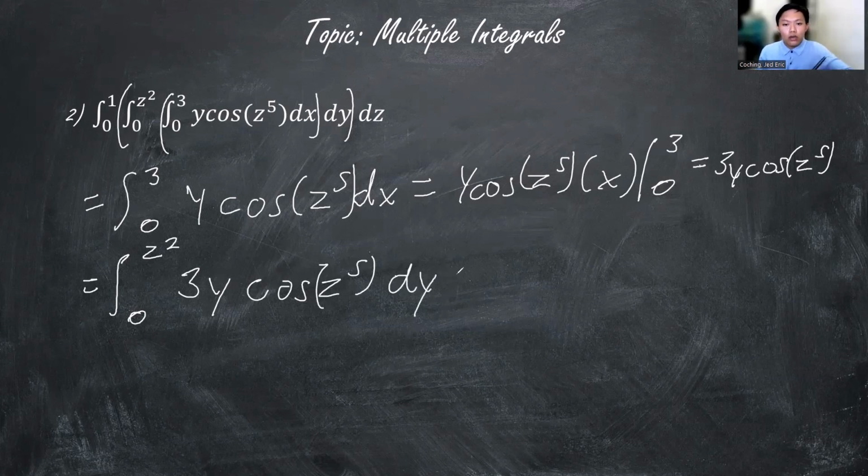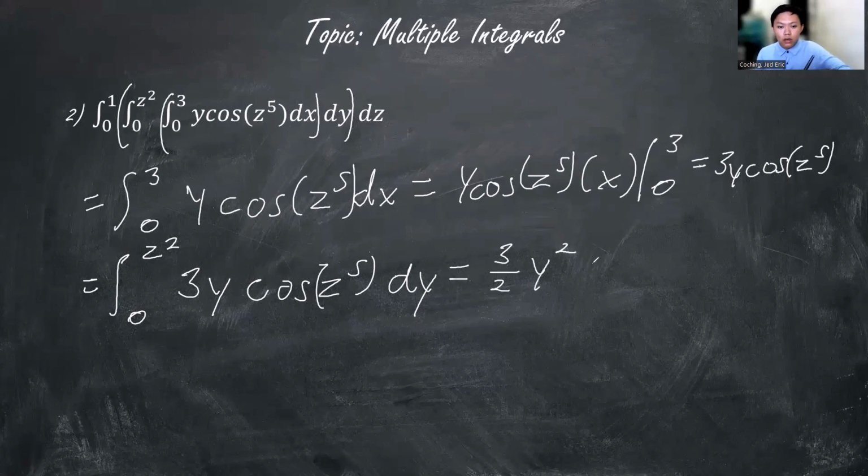Now here, if you solve for this, it's just going to become 3/2 y squared cos 5z, with limits 2 and 0 on y.